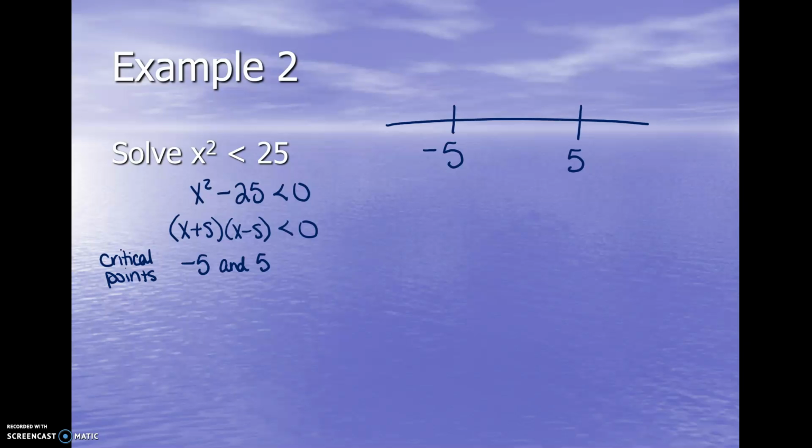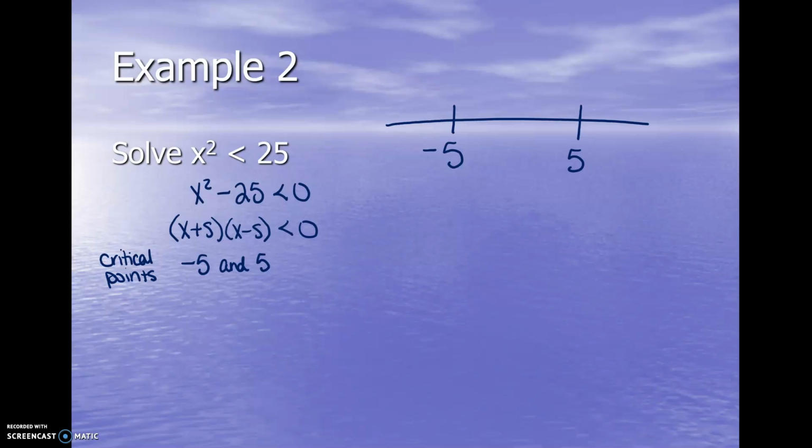We are going to test regions of this number line to determine which interval has solutions to the inequality and which intervals do not. And the easiest way to do this, doing the least amount of work possible, because I know you all enjoy that, is to test a number in the middle region.